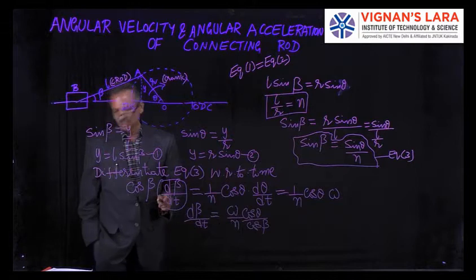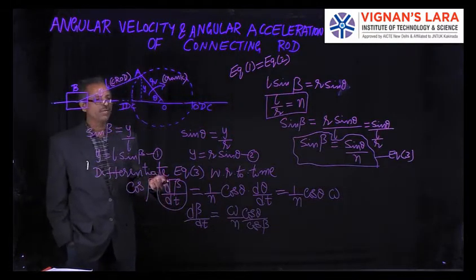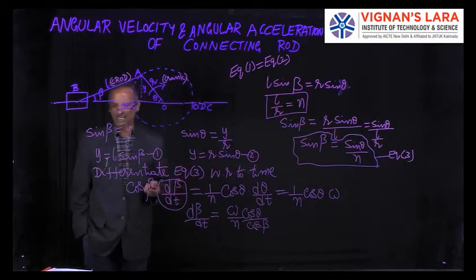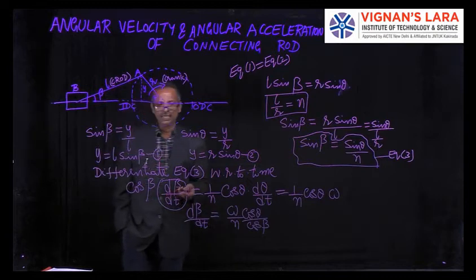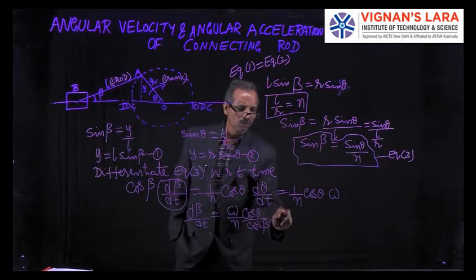And we know already some of the values of cos beta we have derived in the last lecture. I substitute that cos beta value and I replace d beta by dt as omega c.